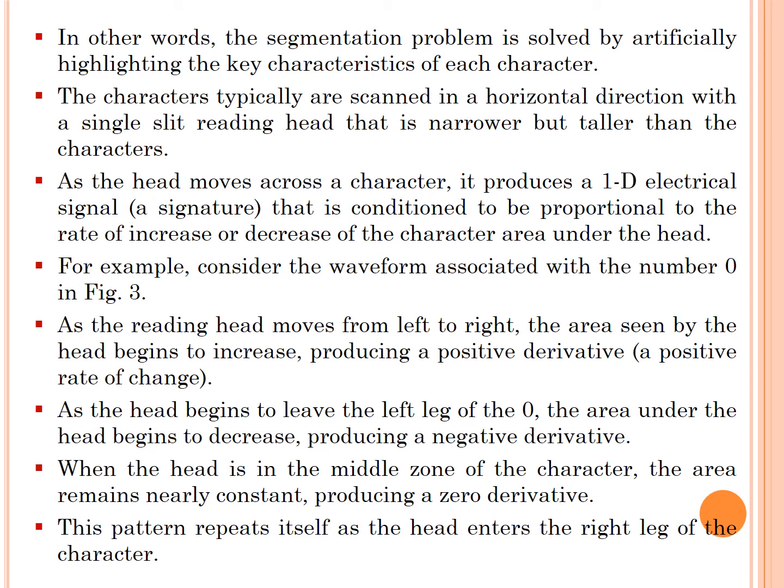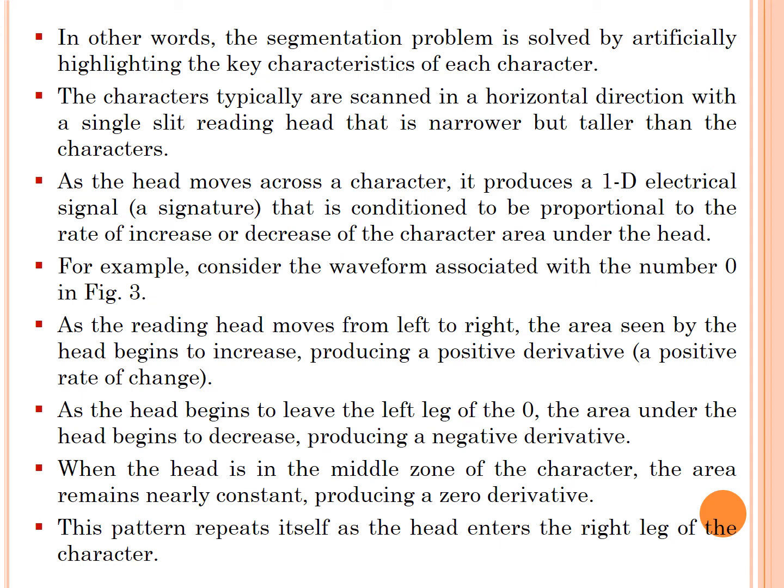For example, consider the waveform associated with the number 0 in figure 3. As the reading head moves from left to right, the area seen by the head begins to increase, producing a positive derivative, a rate of change.